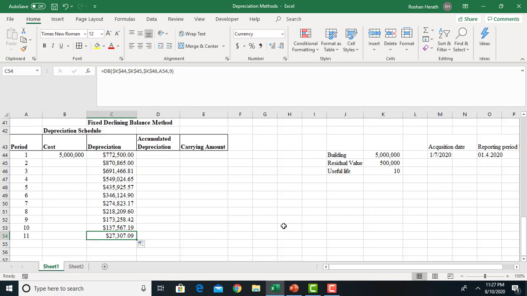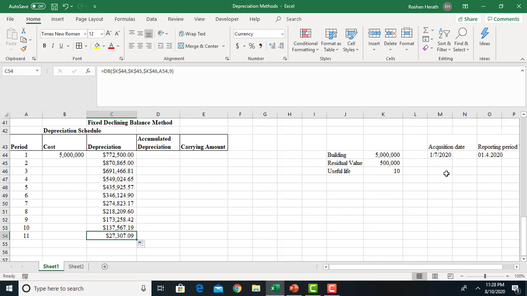So if you acquire this on 1st July 2020, it may go up to, if it is 10 years, 30th June 2030.